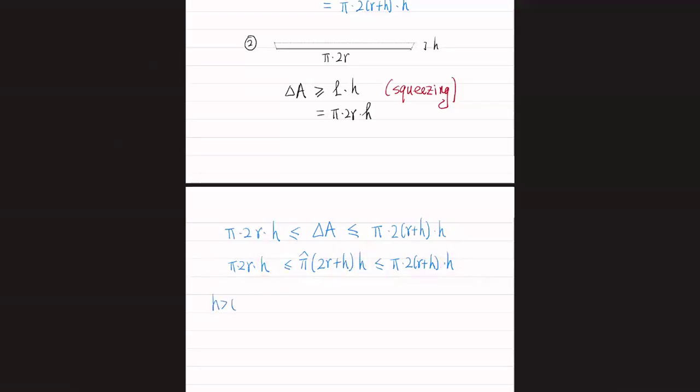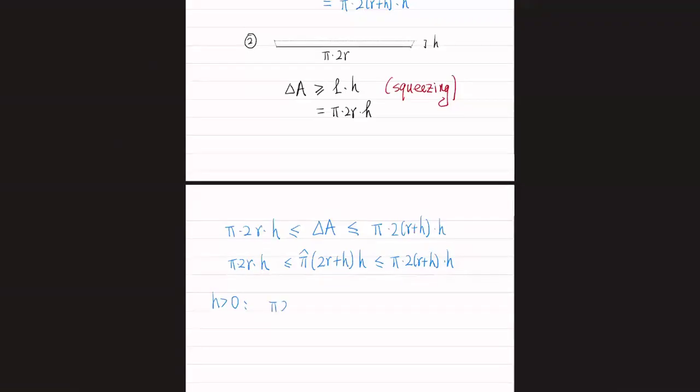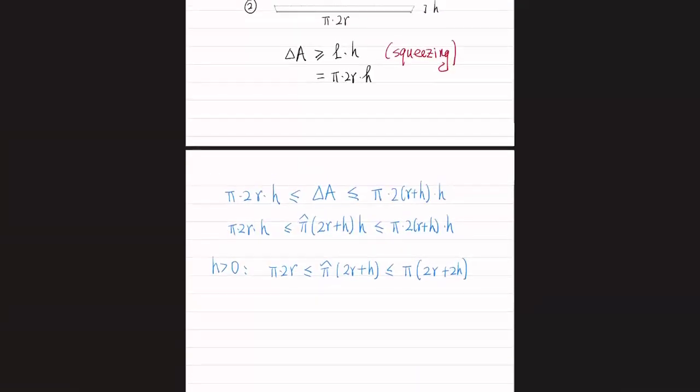So we can eliminate H. Okay, I will distribute the 2R to H. Again, R is positive.